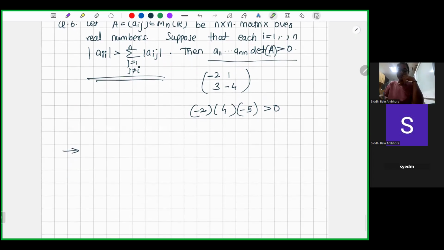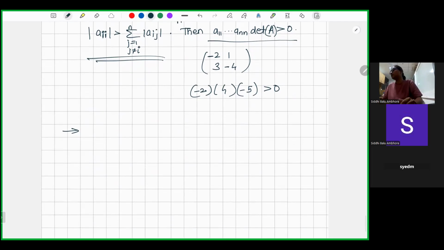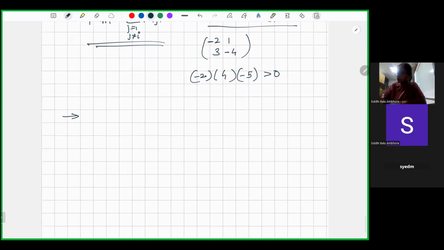So we will first check whether the determinant of A is non-zero or not.